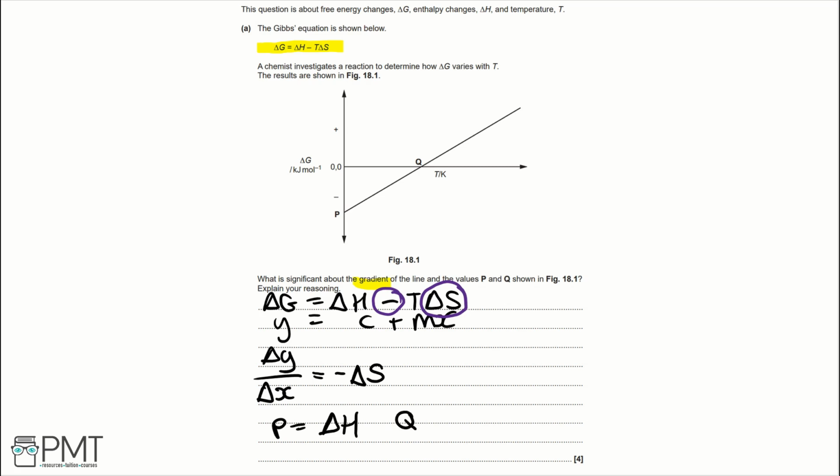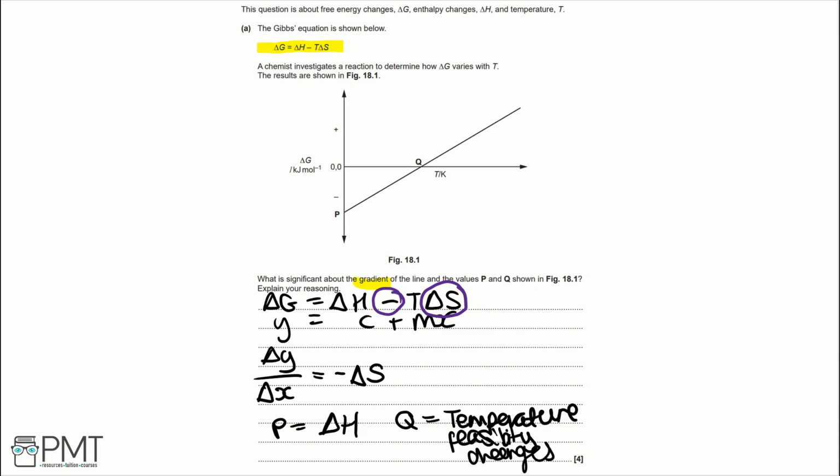And Q is the T from the equation, the other bit. And we need to specify here that it's the temperature at which feasibility changes. This is very important because that's what Gibbs free energy is all about. It's about feasibility of reactions.